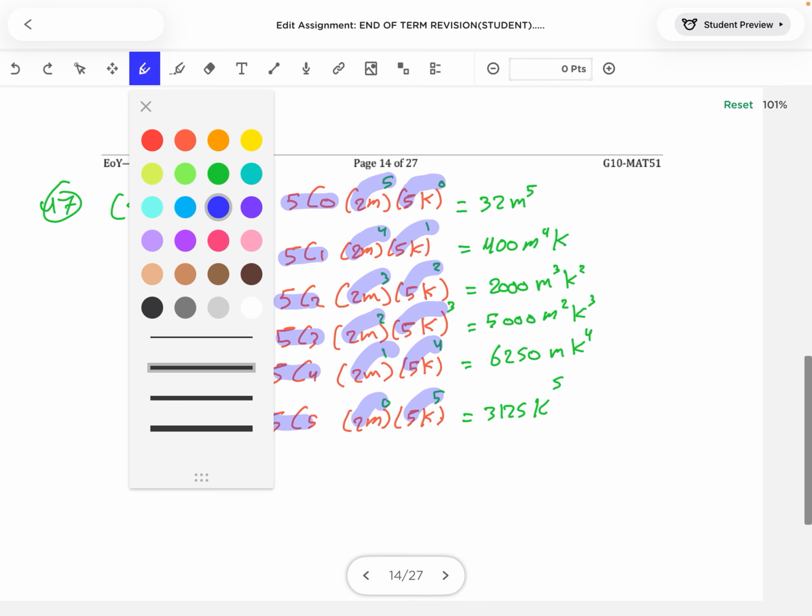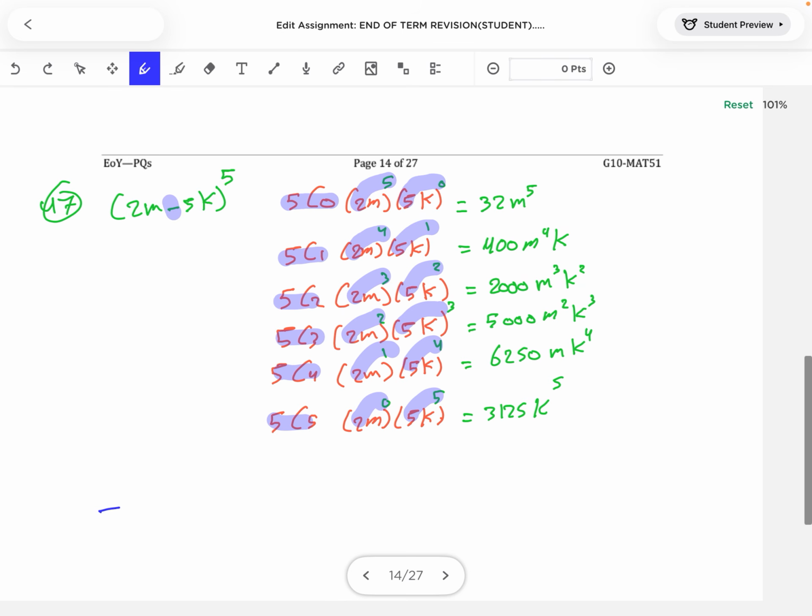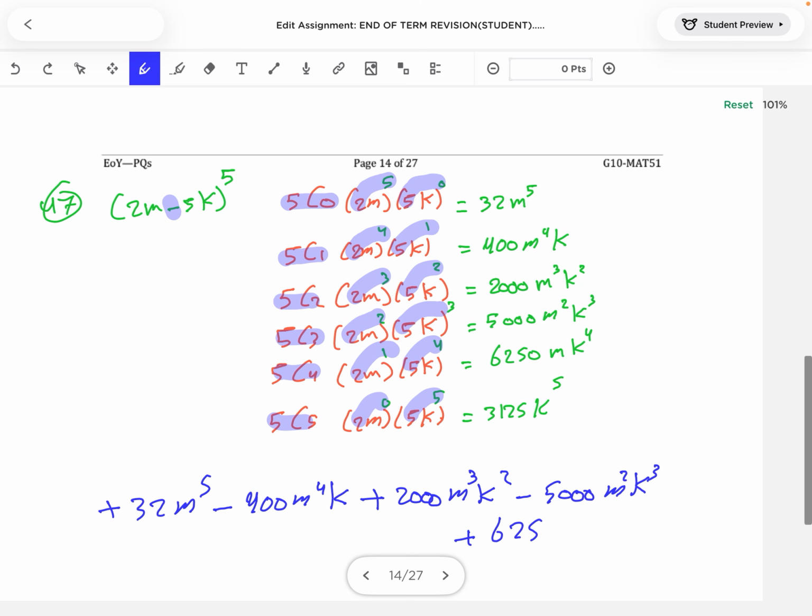So the answer will be positive 32 m to the power 5 minus 400 m to the power 4 k plus 2,000 m to the power 3 k power 2 minus 5,000 m squared k power 3 plus 625 m k power 4 minus 3,125 k to the power 5.